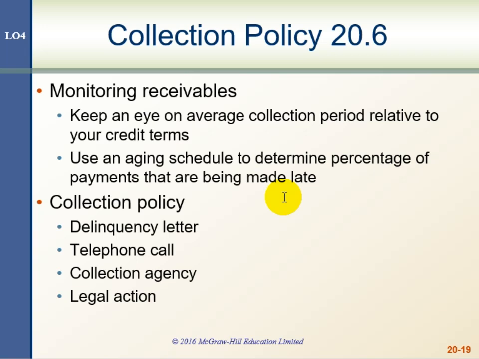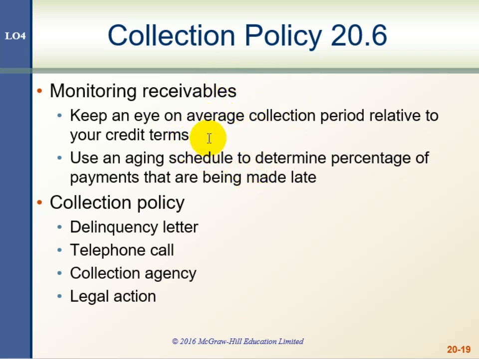We've calculated that in the past. Remember, the accounts receivable turnover is sales divided by the average accounts receivable balance. And if you want to figure out the average collection period, you take 365 divided by that average accounts receivable turnover number, and that tells you about how long it takes you to collect your accounts receivable and resell stuff to them.